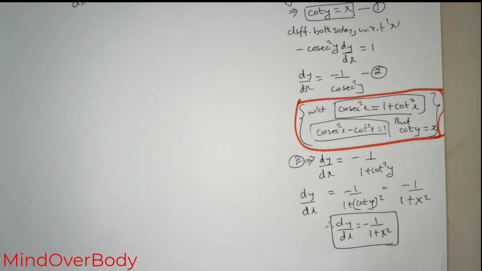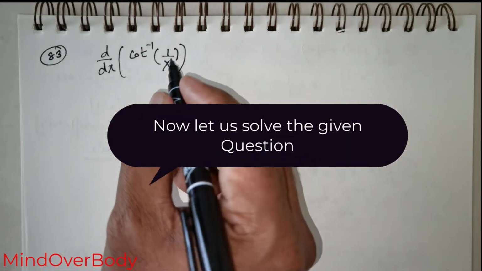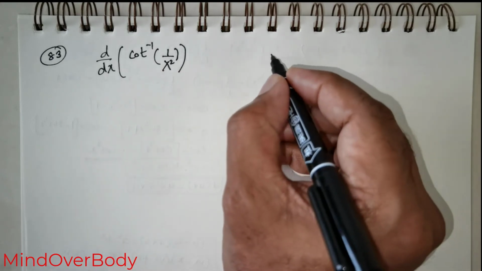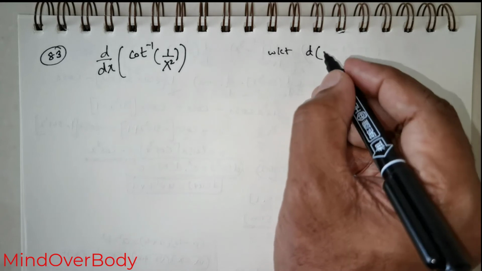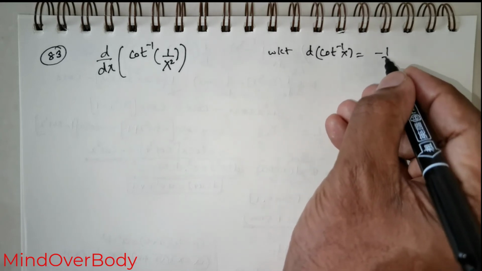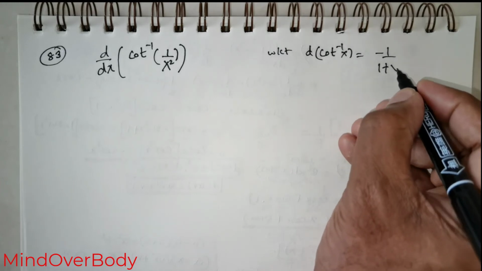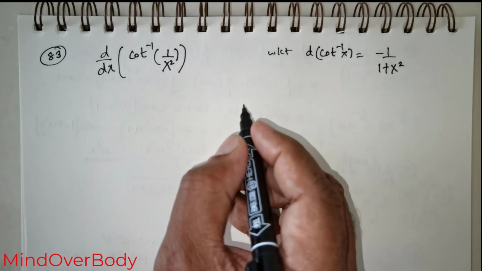So students, let us obtain the derivative of cot inverse of 1 over x squared. We know the result we just saw: the derivative of cot inverse of x is negative 1 over 1 plus x squared. So I will be using this result.